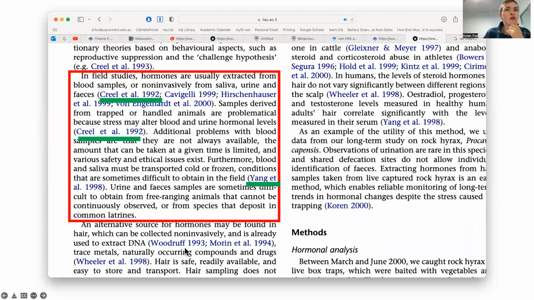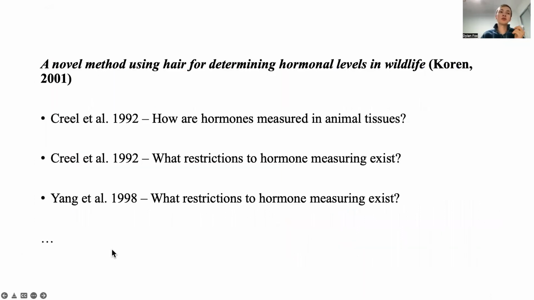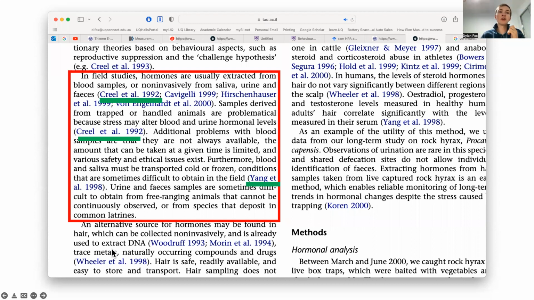An alternative source for hormones may be found in hair, which can be collected non-invasively and is already extracted in DNA. So I could use this to say, Woodruff, 1993, the role of alternative tissues, for instance, for hormone assessment, and one of those is hair.